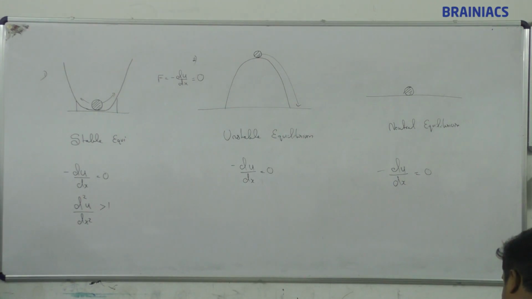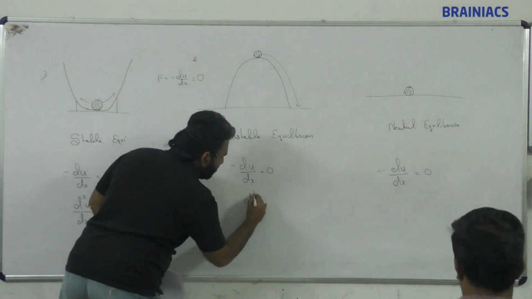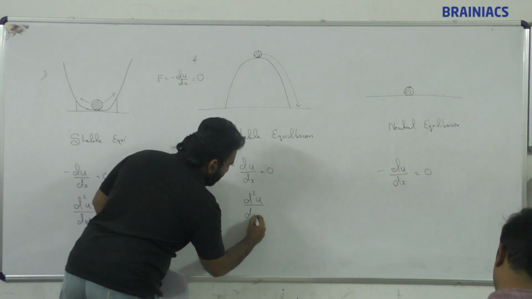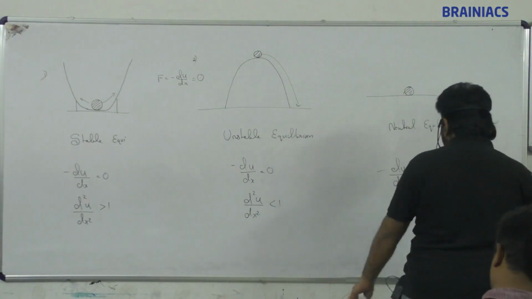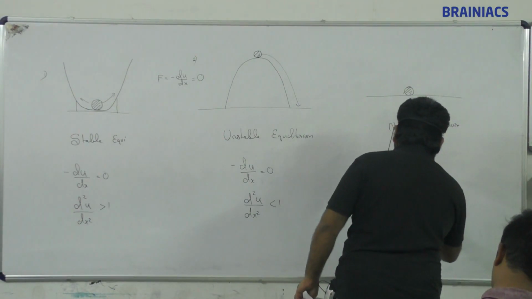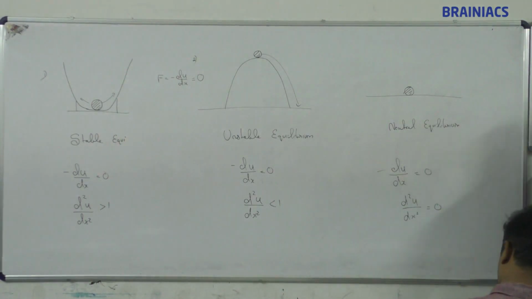Just differentiate it again. If you are getting greater than 0, that is stable. If d square u by dx square is less than 0, it is unstable. And if you are getting d square u by dx square equal to 0, then that is going to be neutral equilibrium.